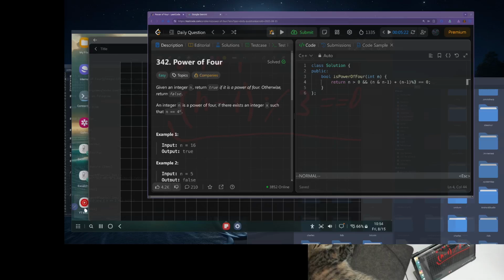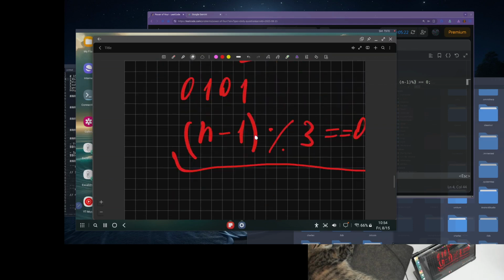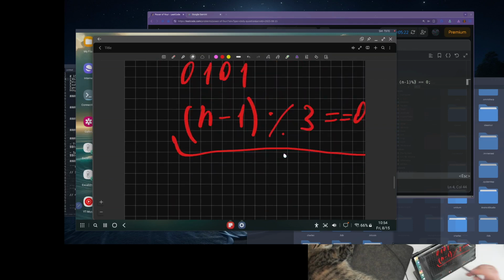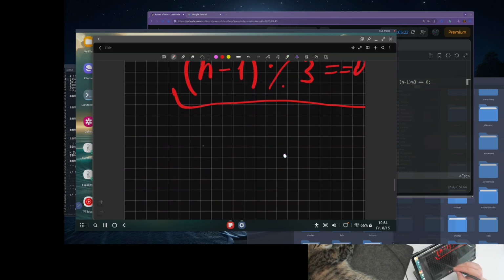So let's look at another interesting solution. Instead of checking the bitmask, we just check if n-1 is divisible by 3. Why is that? Imagine we have a number 4 to the power of k, like our good number.